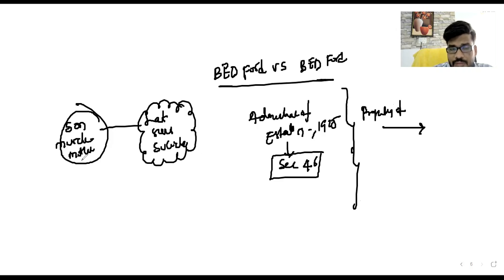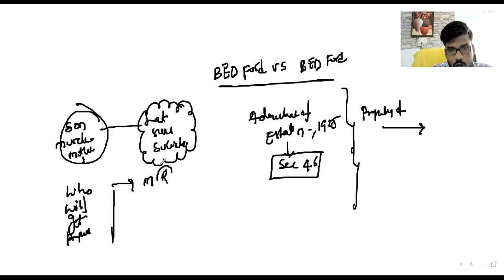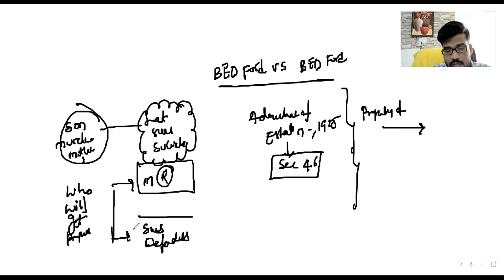So what happens when the son murders the mother, and then the son also commits suicide? Who will get the mother's property now? Either the mother's relatives or the son's relatives, the son's dependents. Who will get the property?